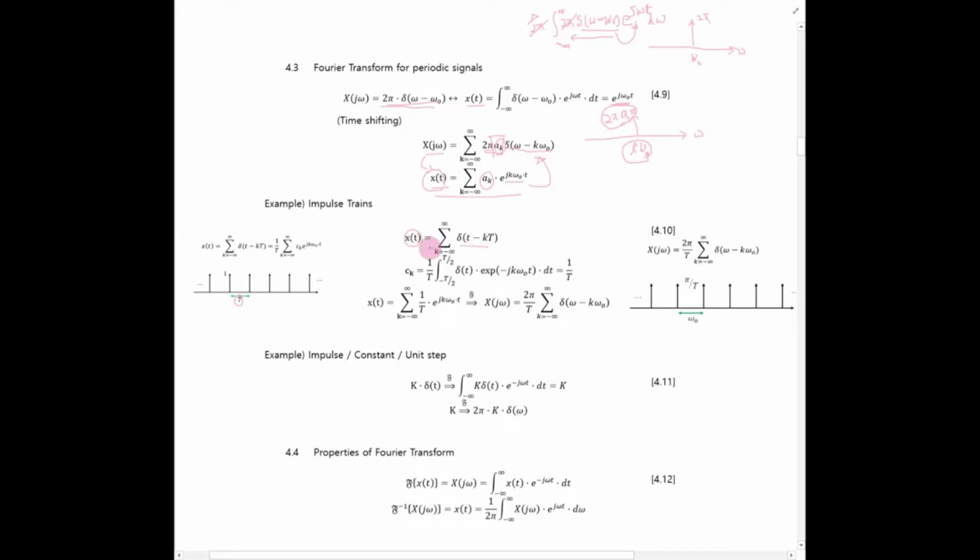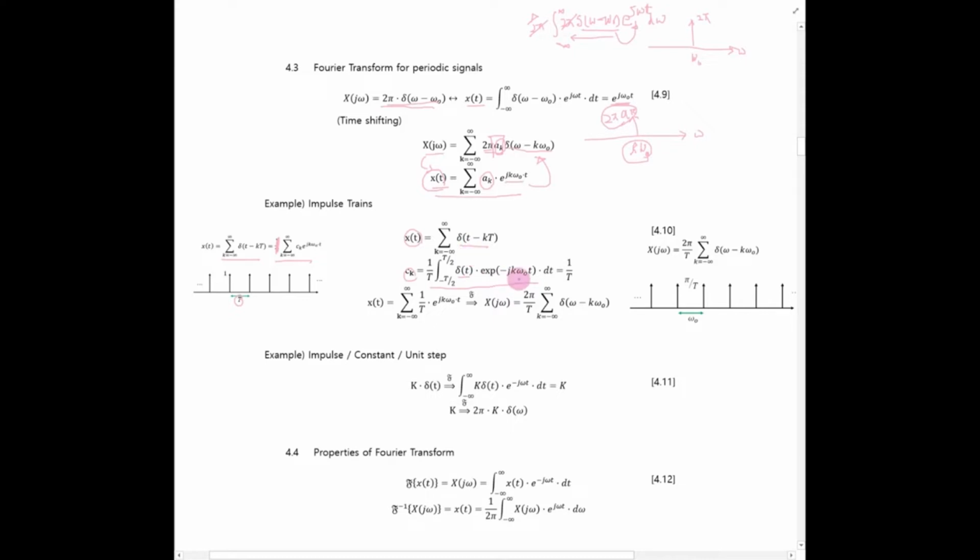So we can express this impulse train, and this signal can be expressed by the Fourier series expansion. To figure out the Fourier series coefficient, we take the integration over one period for the k-th harmonic component.